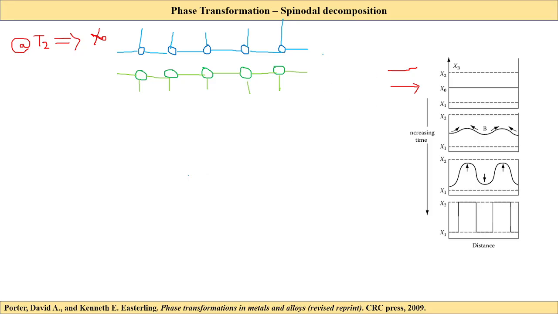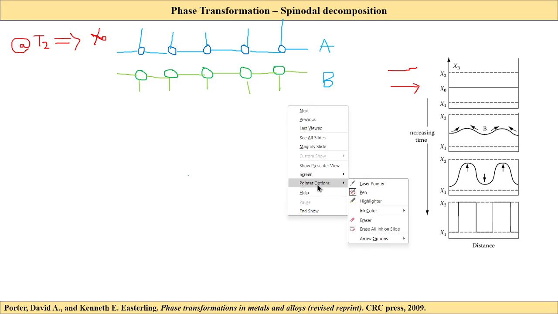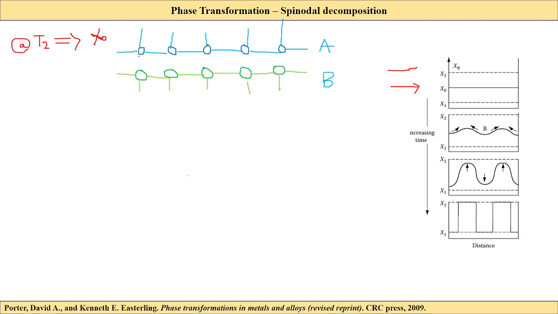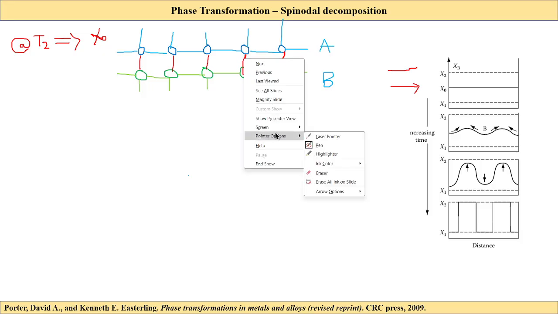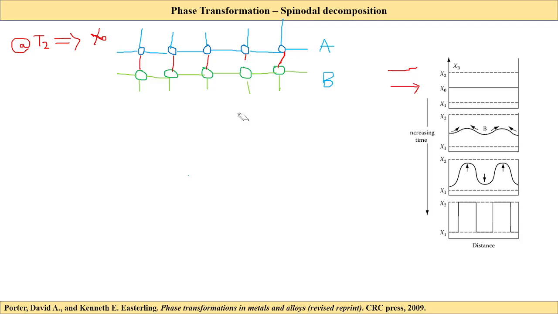Let's say this is my A type of atoms and these are my B type of atoms. Now if I want to continue this type of symmetry here, then I can form bonds, right? You can see there is a bending of atomic bonds.